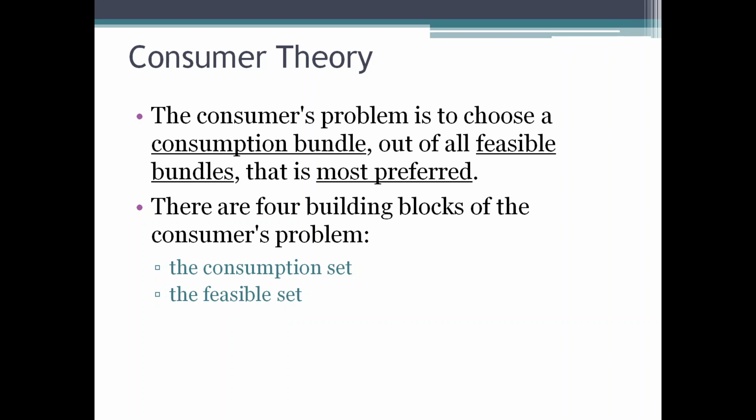Then the feasible set, which is just a subset of the consumption set. Then the preference relation. Since I said that I will choose the most preferred bundle from the feasible set, this means that I have to use the preference relation. I prefer X5 more than X6. I prefer X5 more than X7. So this is a preference relation.